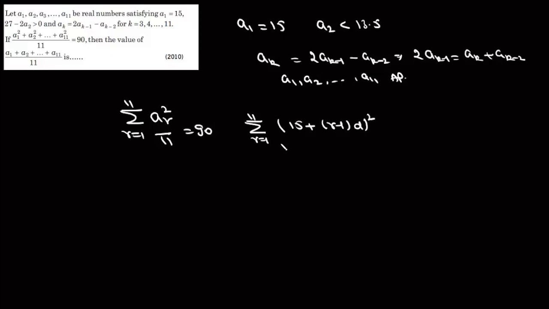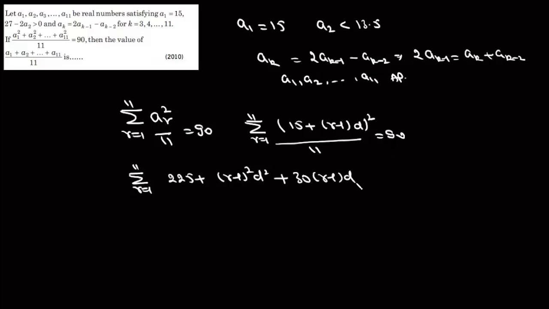So this whole square divided by 11 will be equal to 90. Now if we expand this square, we can write this as 225 plus (r minus 1) square into d square plus 30(r minus 1) into d, whole divided by 11, and this is equal to 90.